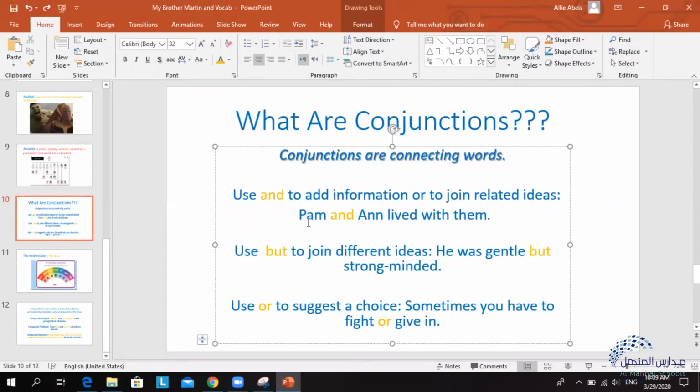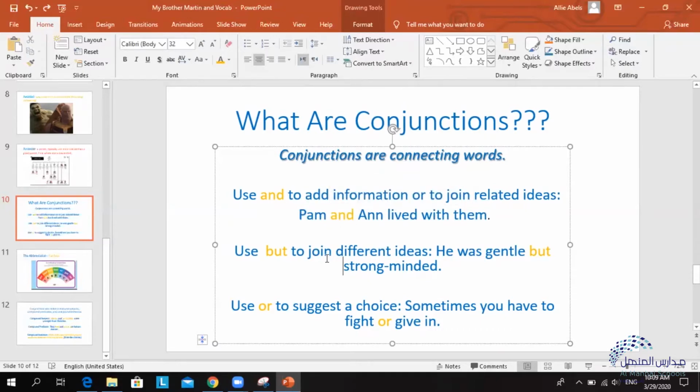If we look at this sentence, "Pam and Anne lived with them." We want to tell everyone who was living together with him, and Pam and Anne were living with him, and we use the conjunction "and" to connect the two.